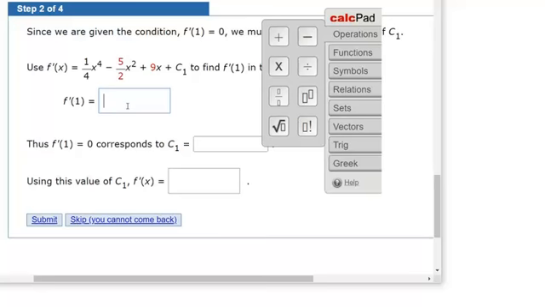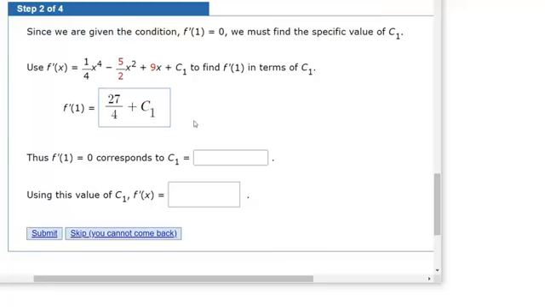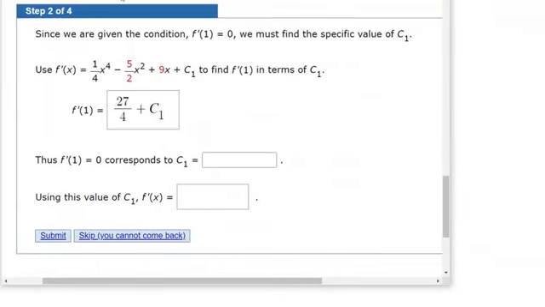Okay, we said 27/4 plus the constant c, and then to get that subscript, it's not in these usual buttons. I'm going to hold shift and press the minus key. That gets me a subscript, so I think that's what they're looking for there. That's f sub 1 in terms of c sub 1.